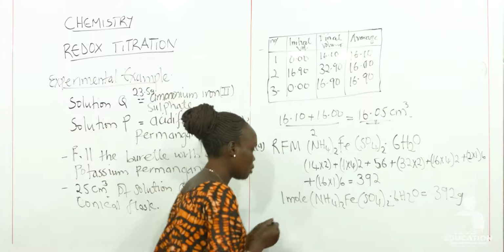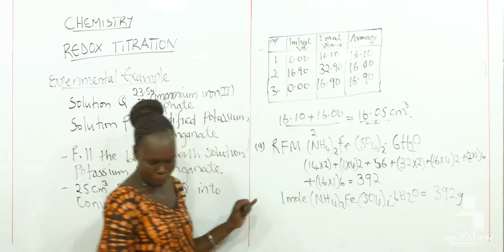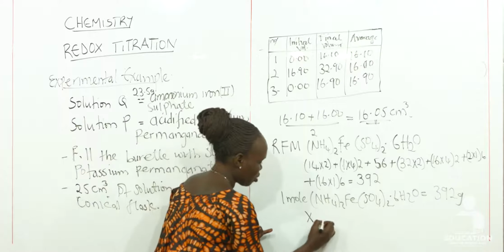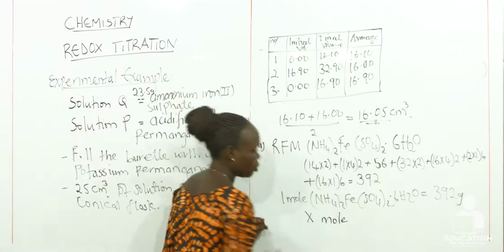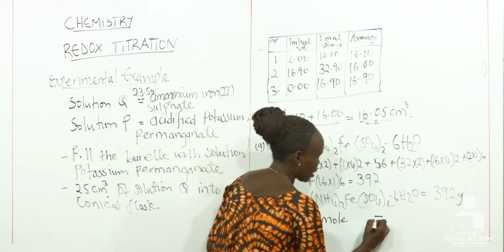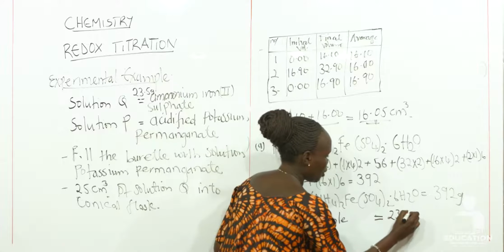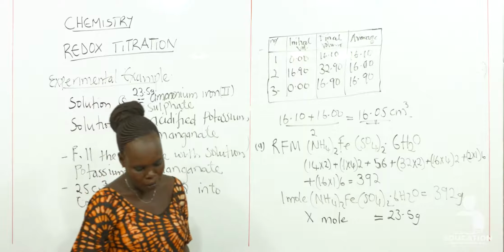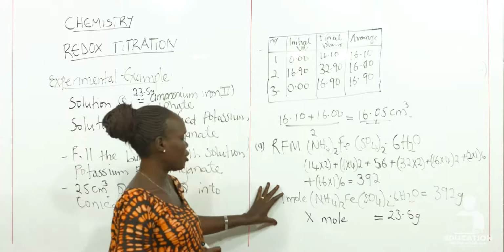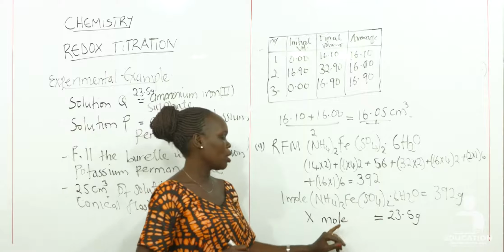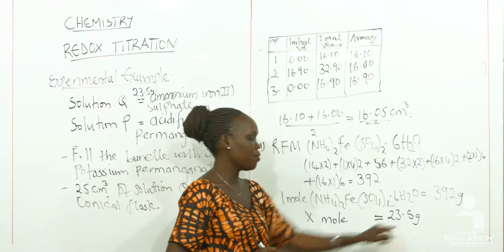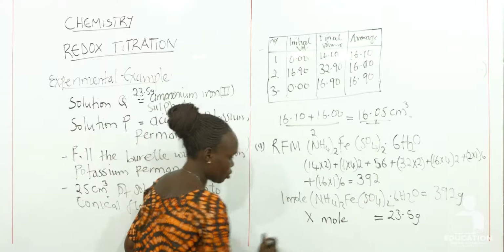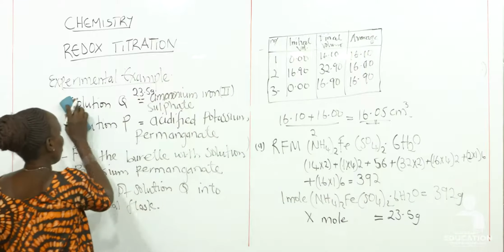We have to remember that 1 mole is 392 grams, so X moles of the same solution will give us 23.5 grams. So here we shall have to cross multiply in order to get the number of moles of the 23.5 grams that has been prepared or used during the titration.